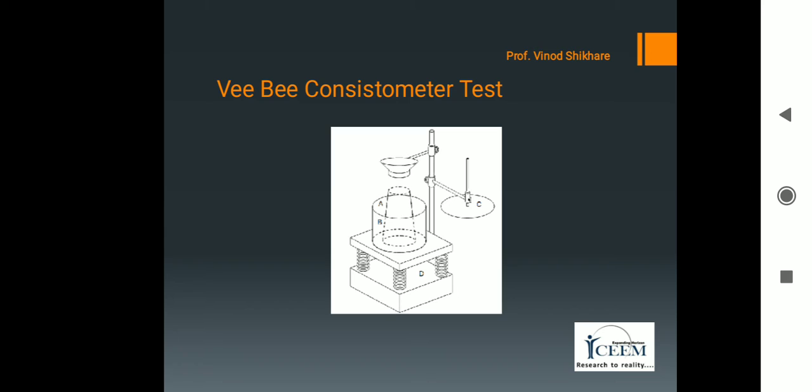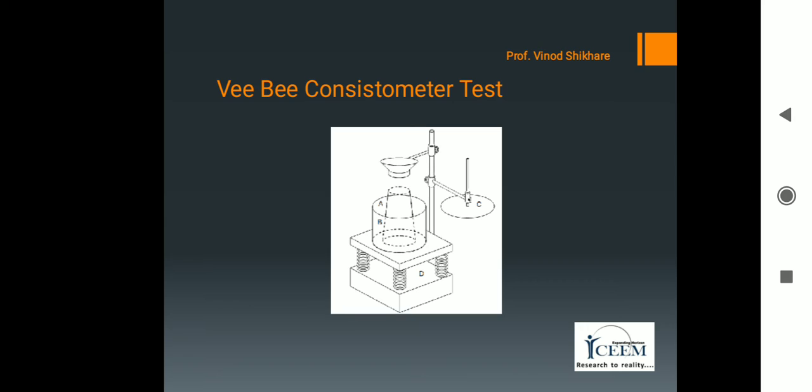The vibrations are continued till the conical shape of the concrete assumes the cylindrical shape, and the time is noted for this. This can be observed by viewing through the glass disc C. The time required for completing remolding of concrete, that is from conical to cylindrical shape, in seconds, is expressed as the number of VB seconds or VB degree of workability.